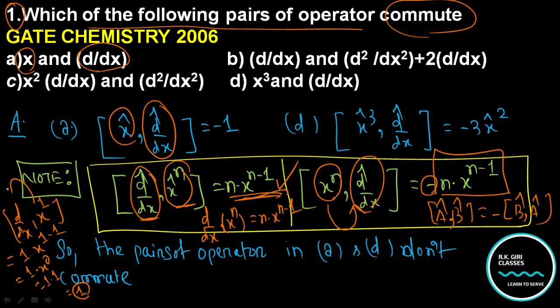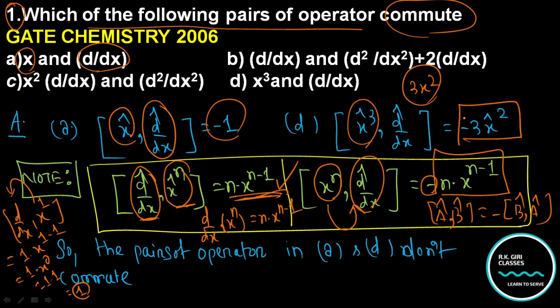So if you reverse the order of these operators, then you will get minus 1. Similarly, for x to the power 3, the commutator of d/dx with x to the power 3 is 3x squared, but if you reverse it, then you will get minus 3x squared.